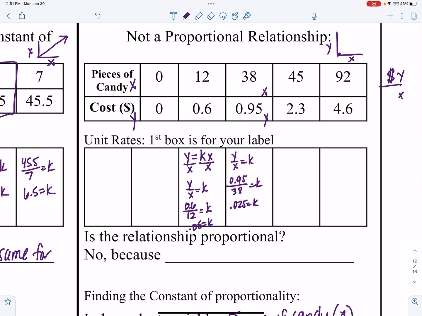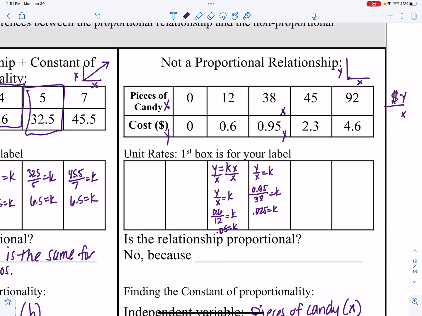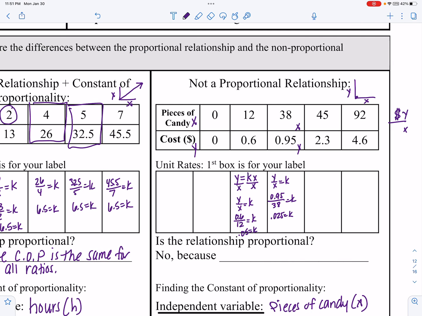So already, I technically wouldn't even need to do the last two because I already know this is not a proportional relationship because two of them are not the same. Okay, and so really I don't need to do more. I'm done with that one. You could do one more test just to make sure you didn't make a mistake. So let's just test one more. So I'll do my 2.3 divided by 45 to see what that multiplier is, or constant of proportionality, same thing.